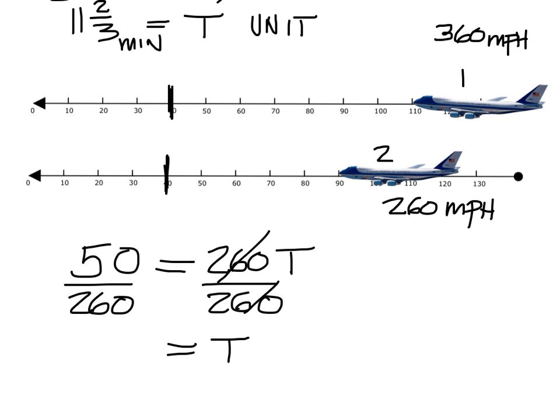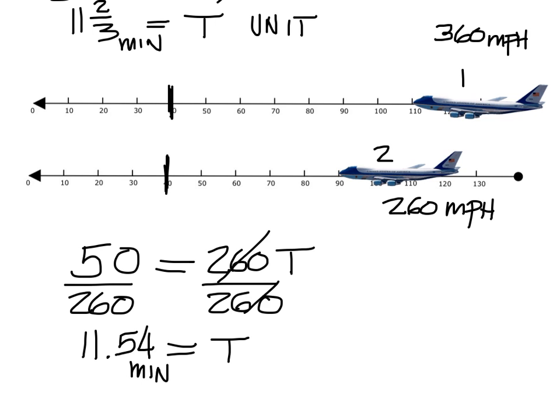Divided by 260. 0.1923076923, but what do I do to make it minutes? Times it by 60. And we come out with 11 point, and we'll make it 54. 11.54 minutes.